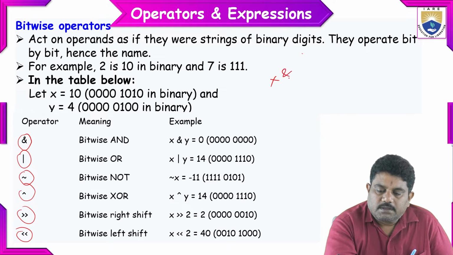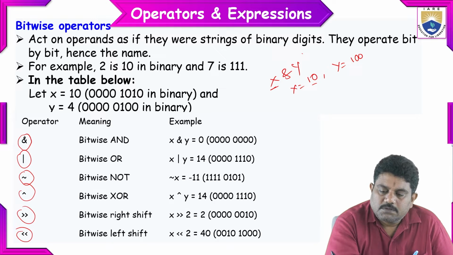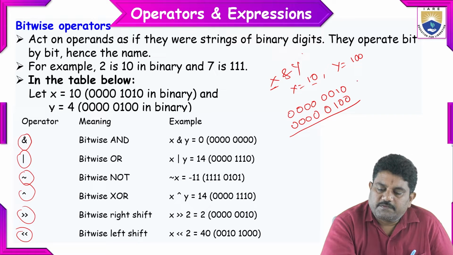X and Y. If you perform X and Y, what happens? X equals 2 in binary, Y equals 4. But while performing these operations, the computer takes 8 bits for this. So 0 0 0 0 0 0 1 0 is 8 bits of 2, and 0 0 0 0 0 1 0 0 is 8 bits of 4.